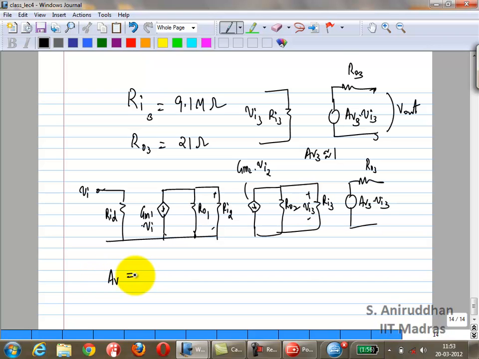What is the overall voltage gain? This is the voltage gain of the first stage, the voltage gain of the second stage, the voltage gain of the third stage. Correct?